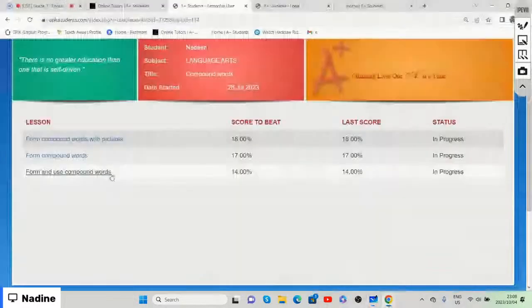All right, so now we're going to aplusstudents.ca, and we are at the chapter of compound words. We're going to the first lesson that says form compound words with pictures.